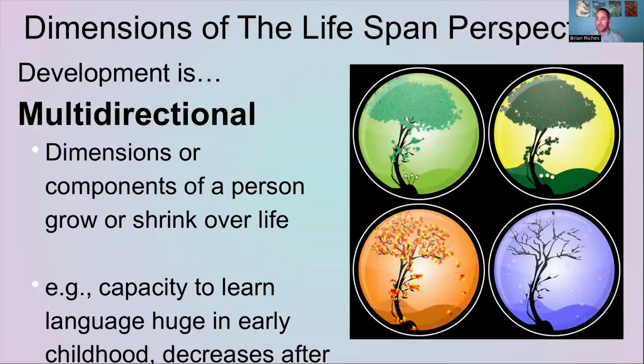Development's also multi-directional. I mentioned a little earlier that the shrinking of a person is also development. Just like a tree, we see it changing over the seasons. People, or components of people, grow and shrink over time. For example, the capacity to learn language is really large in early childhood, but that decreases after early childhood.